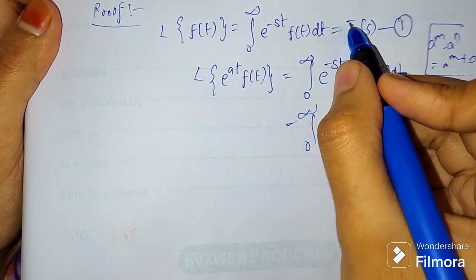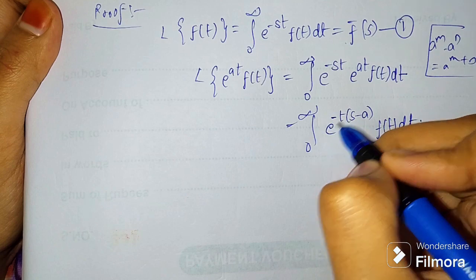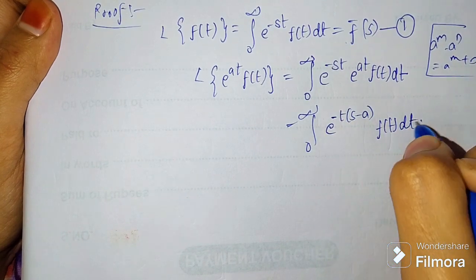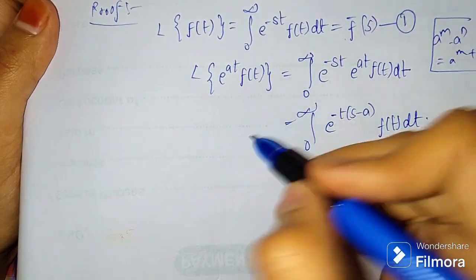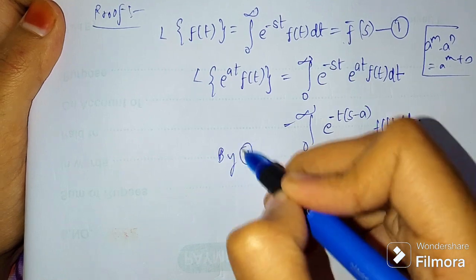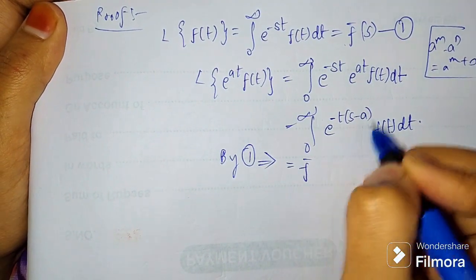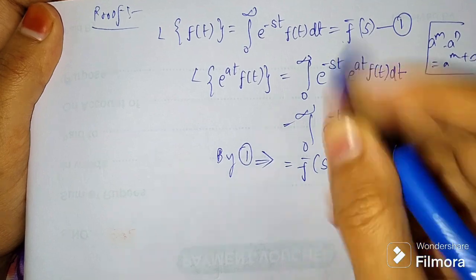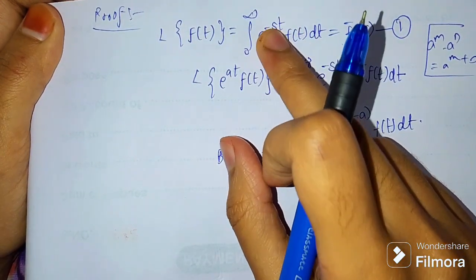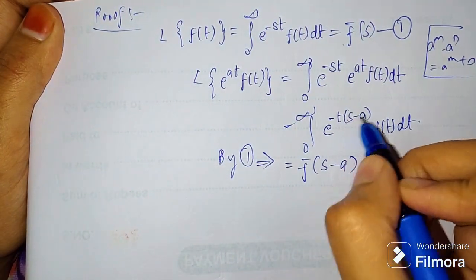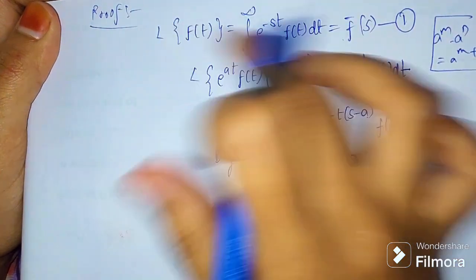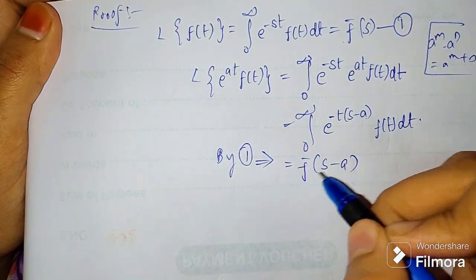So with minus t, if s minus a is there, according to 1 we can write this as f bar of s minus a, because there s was there and here s minus a is there.